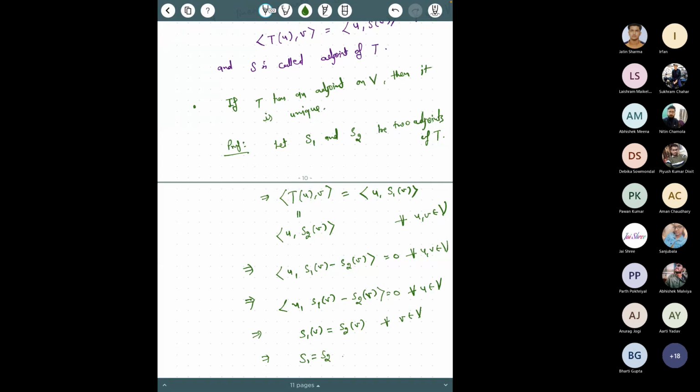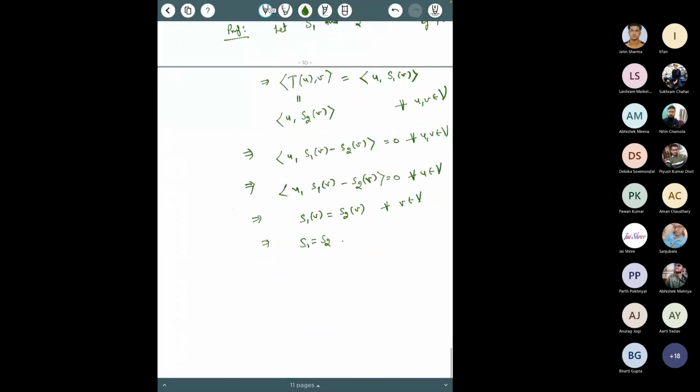Since it is unique, we can fix a notation for it. Since the adjoint of T is unique, we use the notation T star.